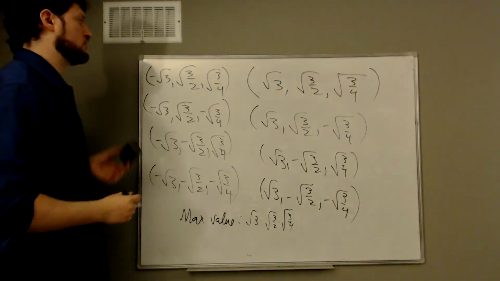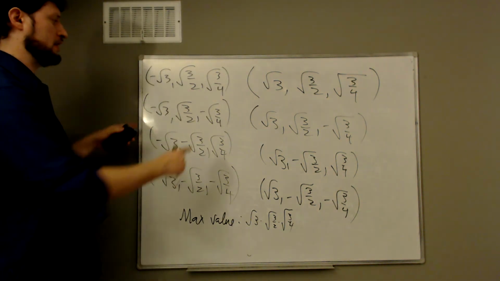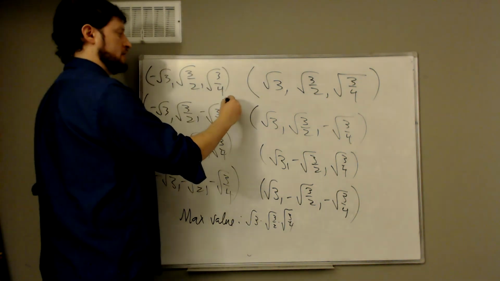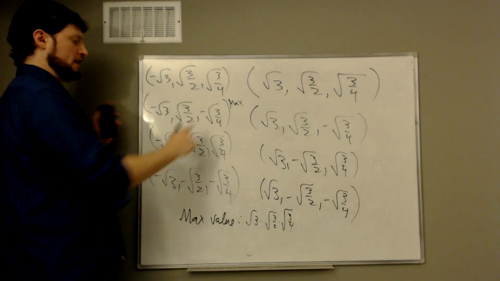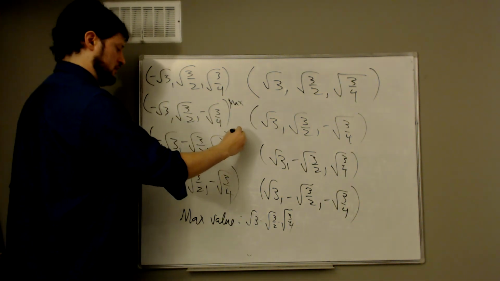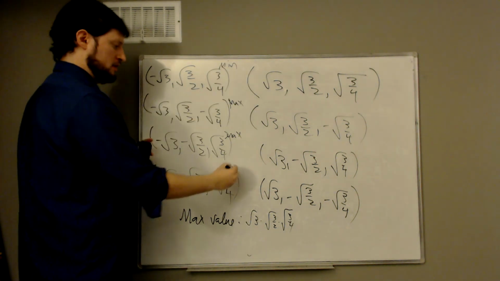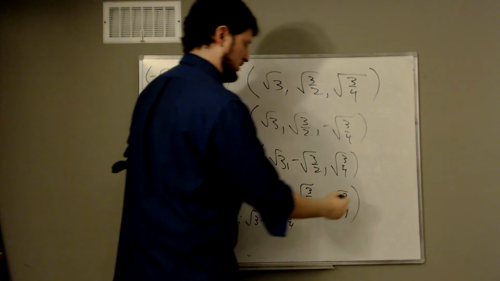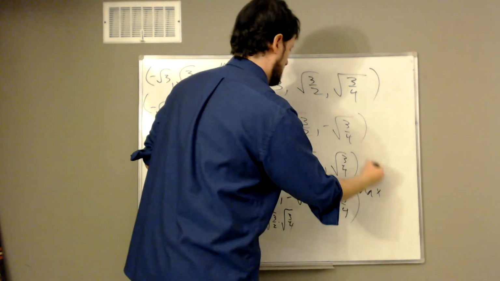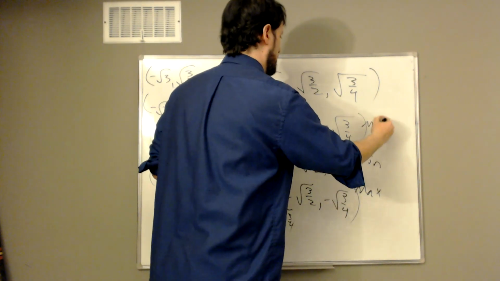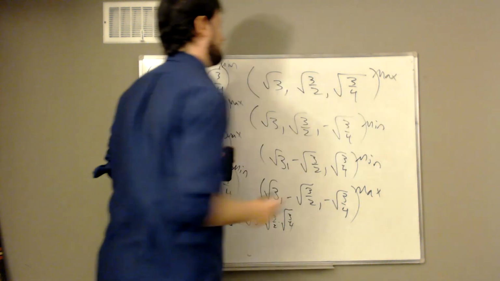And that occurs a bunch of different ones. That occurs anytime we have, so this is a max, because I have two negatives which will cancel out. This is a max. And this one is going to be a negative version, so that'll be the min. That'll be a min. This will be a max, min, min, max.